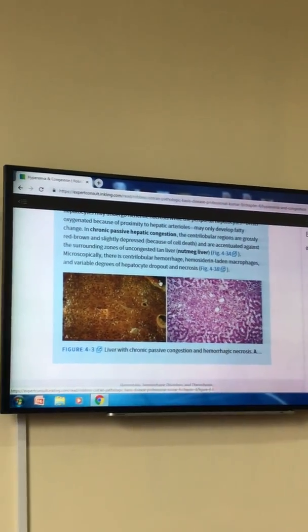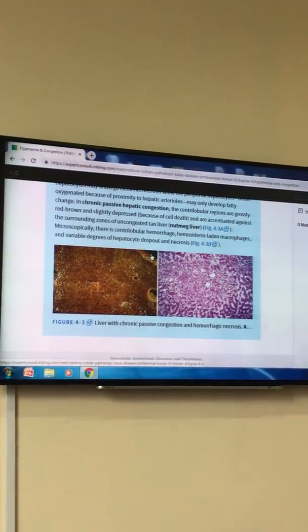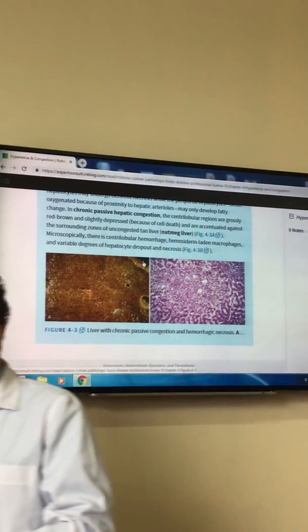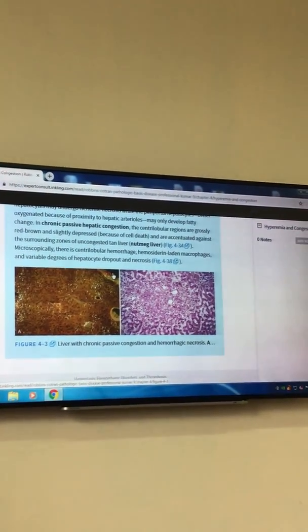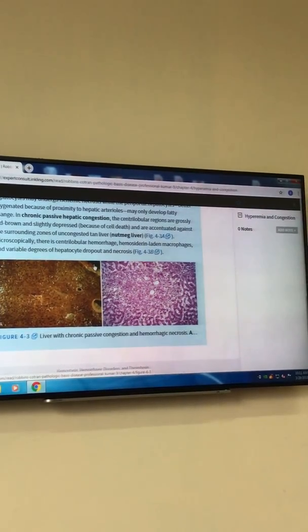Chronic congestion of lung. Nutmeg is seen in chronic congestion of liver. But what types of cells do we have in congestion of lung?